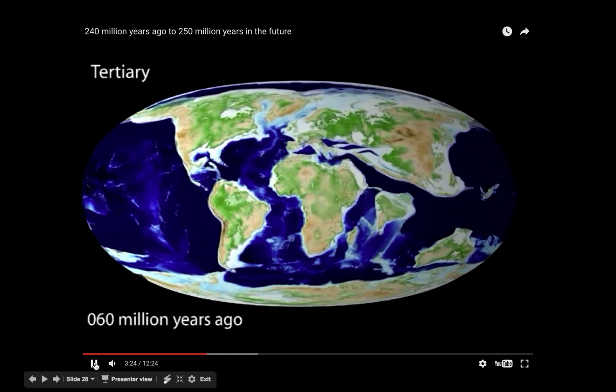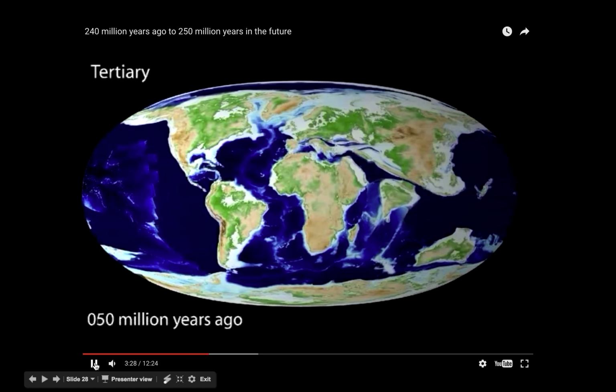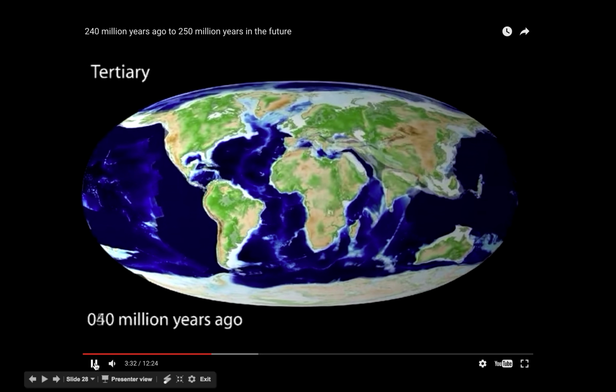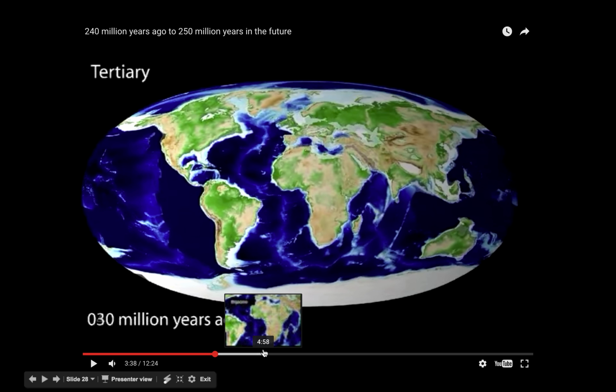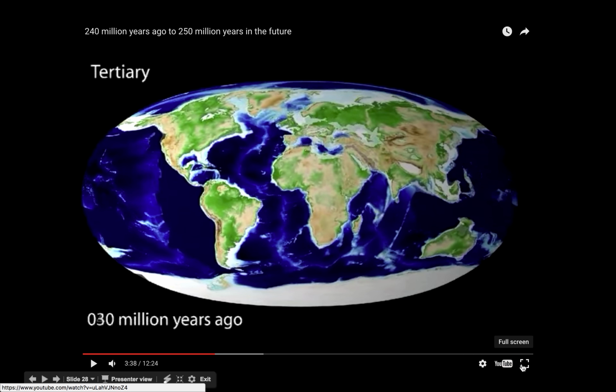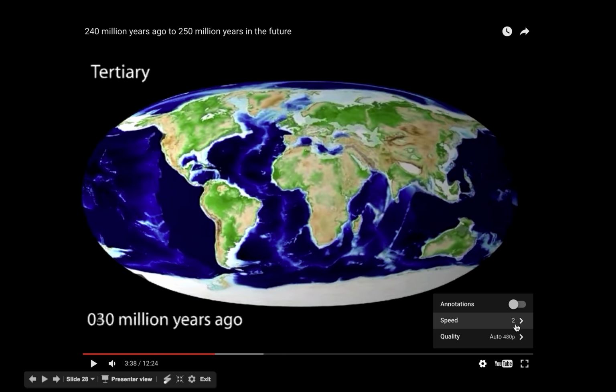And so we're moving to pretty much the present day configuration. Remember what we've got going on here right now: we've got a spreading ridge right here, right? We've got subduction zones. Well, sorry, we've got another spreading ridge here.